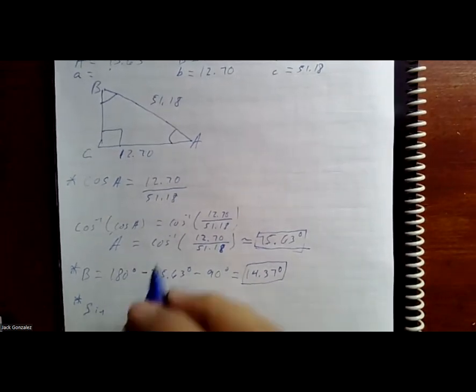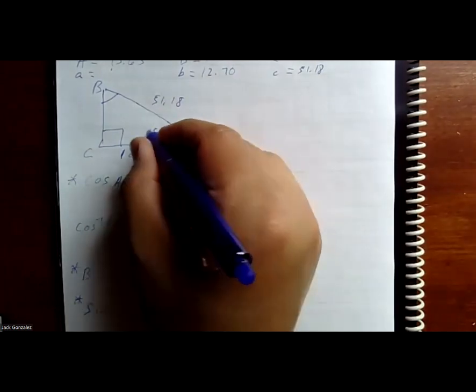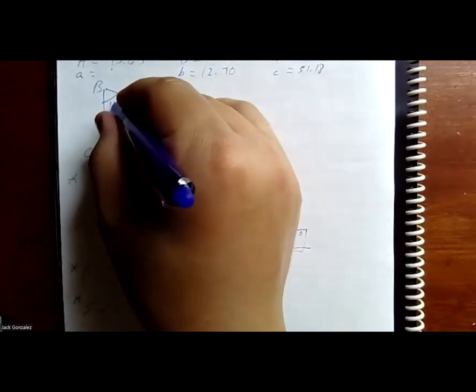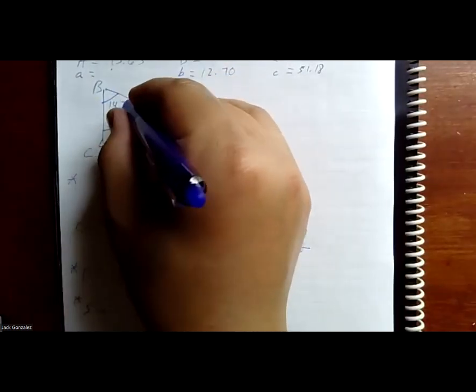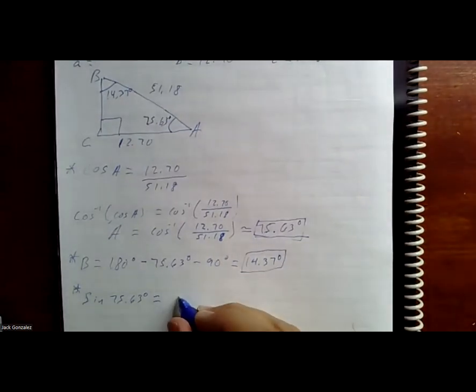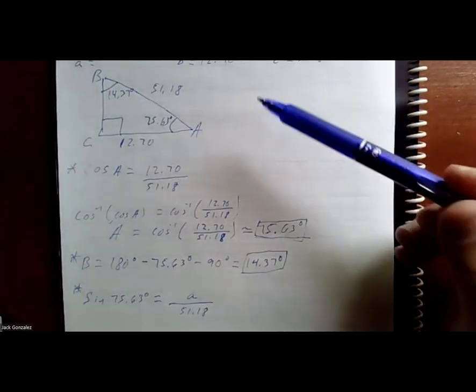Sine of 75.63 equals 14.37 over... I don't know what the opposite side is, so little a over the hypotenuse. Do the same thing we did over here.